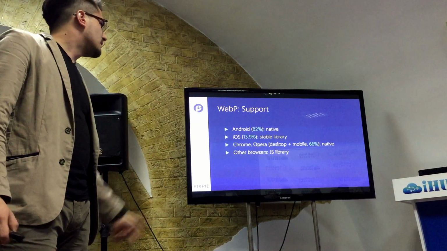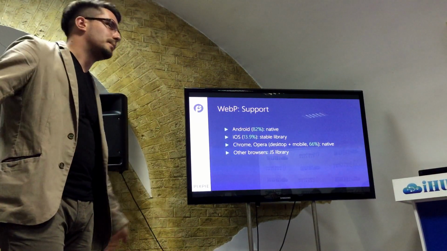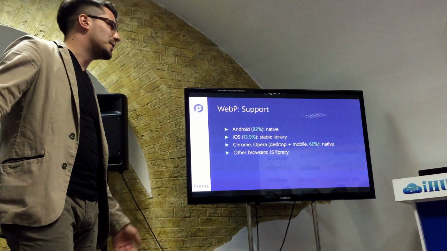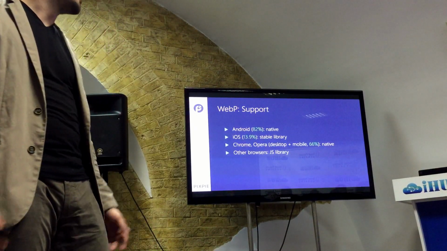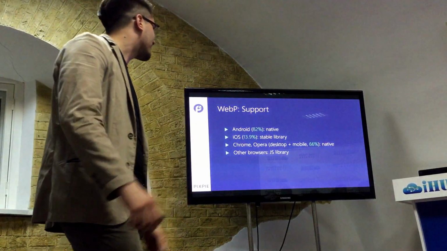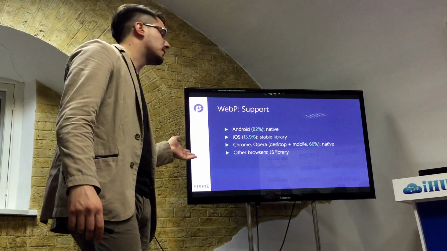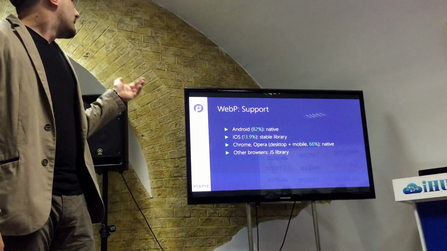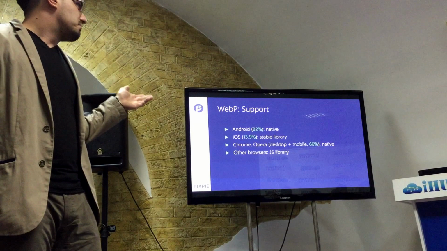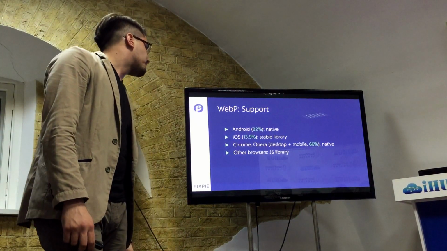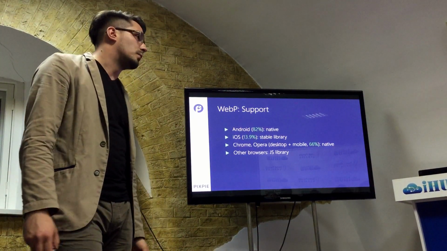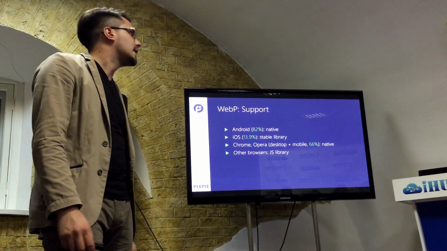Because Android devices are really widespread around the world. Google is everywhere, Big Google, big brother. Android natively supports WebP. iOS is about just 14% of the market for mobile devices, and it has a stable library.